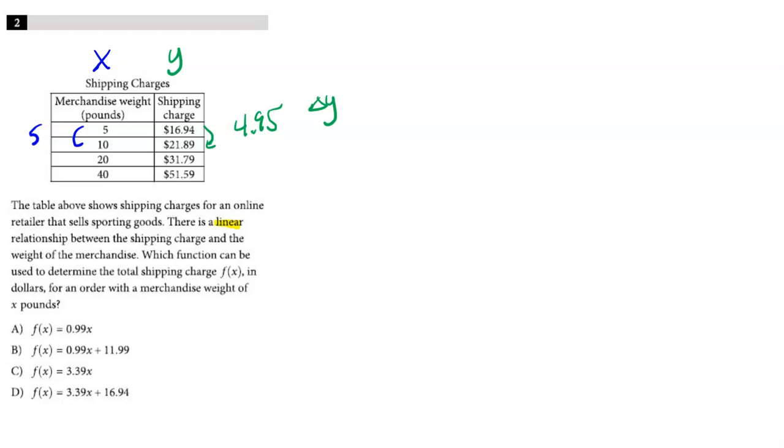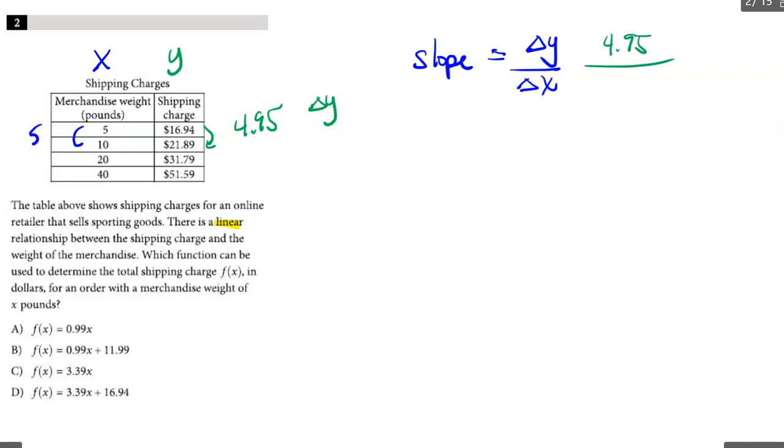So remember that the slope of a line is just the change in y divided by the change in x. So our change in y over there was 4.95, and our change in x is 5. And if you divide those two out, it ends up coming out to be 0.99 or 99 cents. So that right there helps me eliminate C and D.